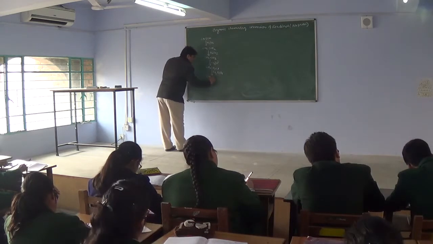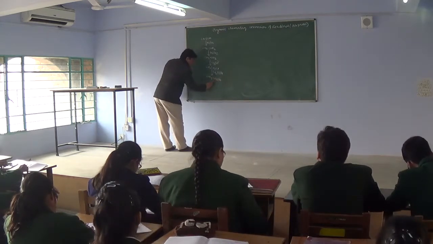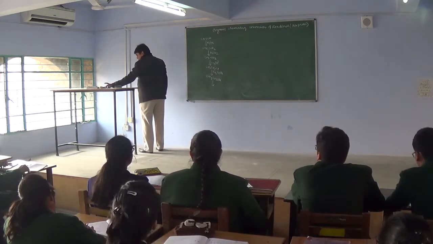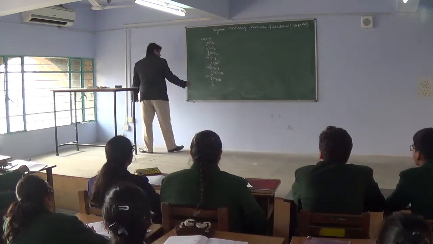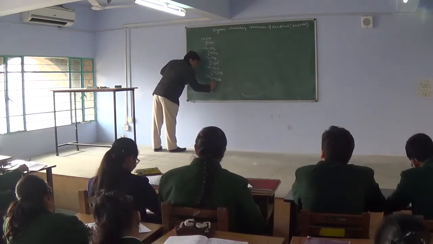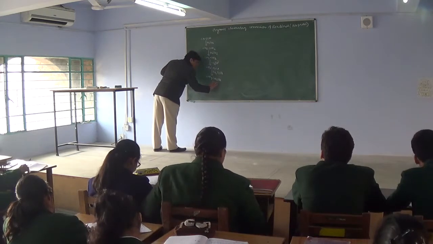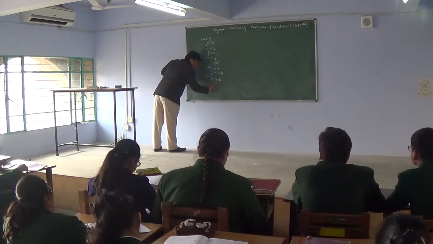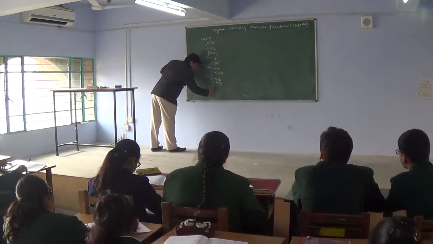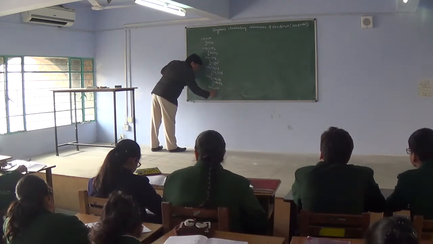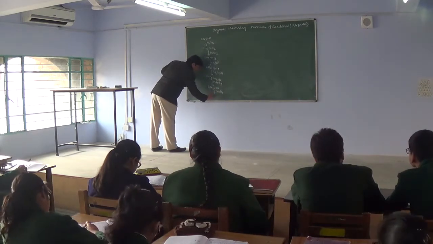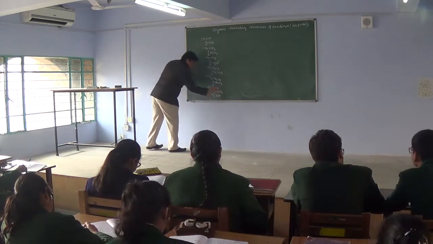Aqueous KOH will give you alcohol, and then KMnO4 will give you carboxylic acid.